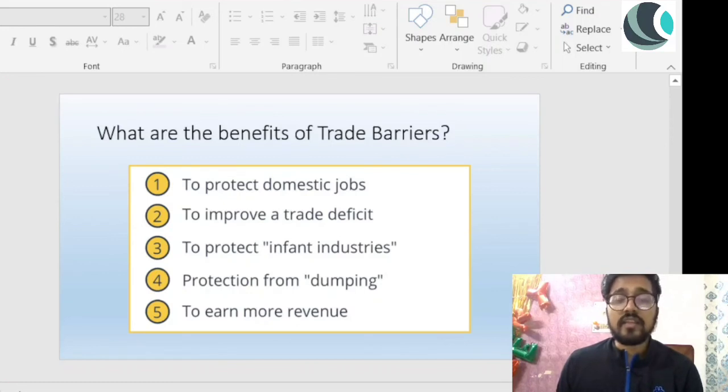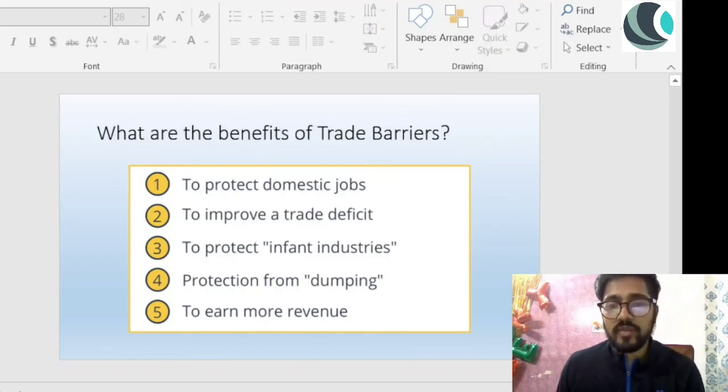So they impose trade barriers, because we are a third world country, and there are first world countries where there is only product innovation, and our industries are new, so they need more time to mature, right? It is the government's duty to protect the infant industry, else foreign companies will interfere in your domestic business and conquer the whole market, right? So to protect the infant industries, the new industries, you need to impose trade barriers.